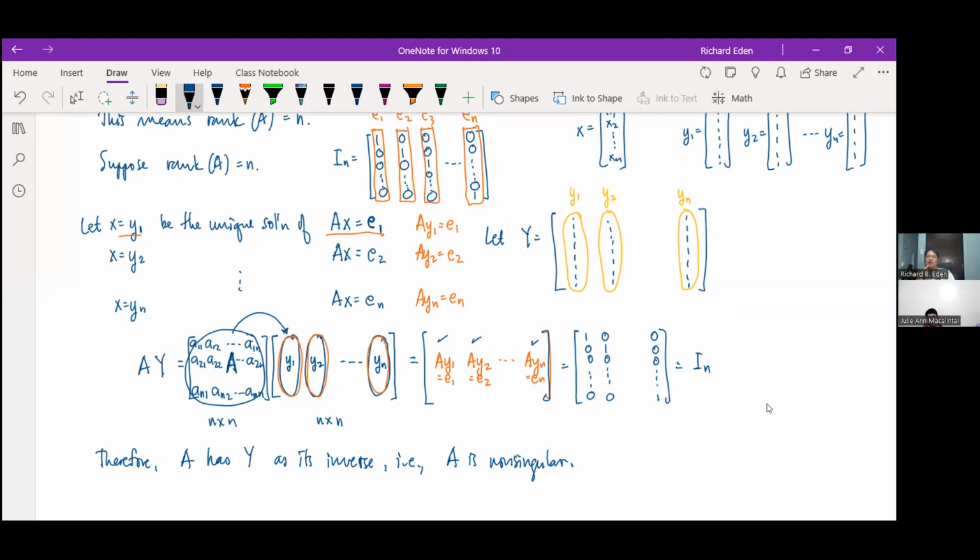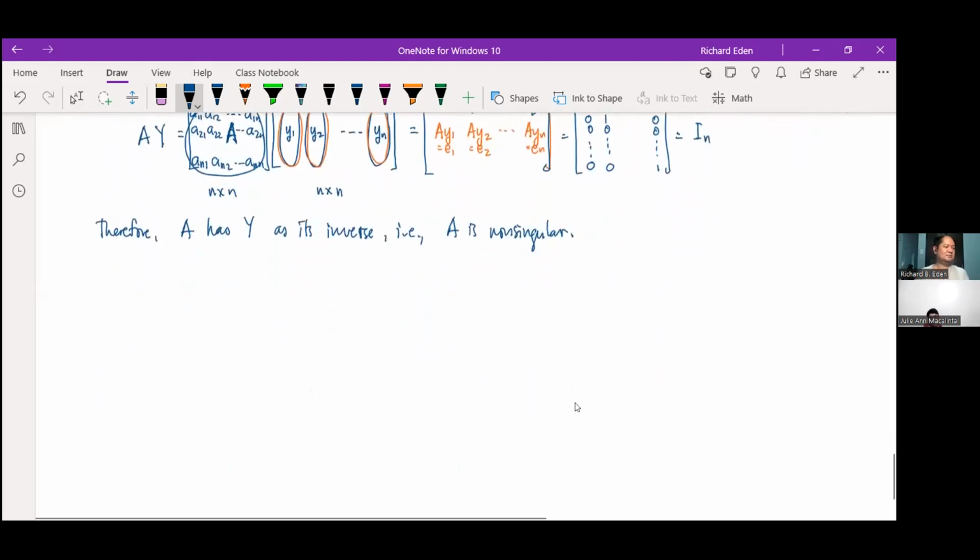So dapat, if you have a squared matrix, it's only going to be non-singular if AX equals B has a unique solution, or equivalently, the rank of A equals N, or equivalently, its determinant is non-zero. So lahat yon, ibig sabihin, the matrix A is non-singular. Opo.